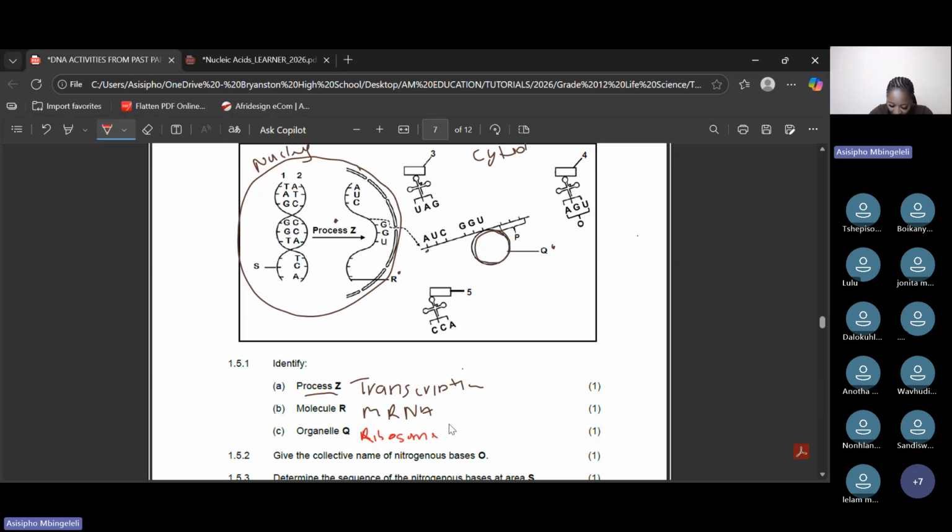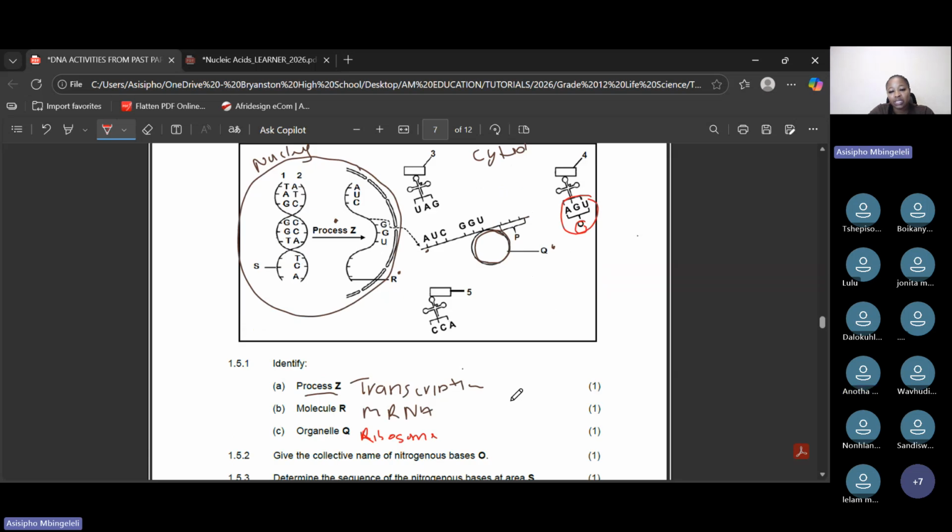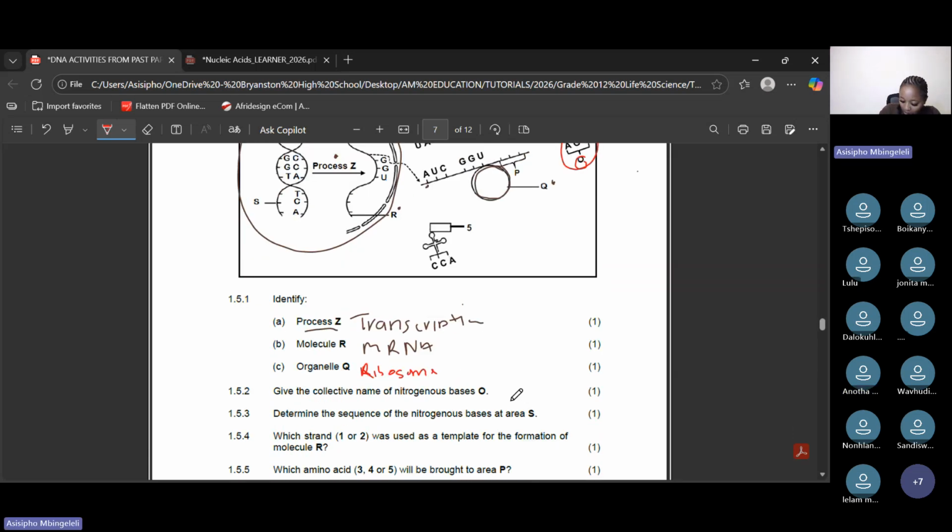Give the collective name of nitrogenous base O. There is O here, so they want the collective name of this. Is it codon or anticodon? Anticodon. Thank you.